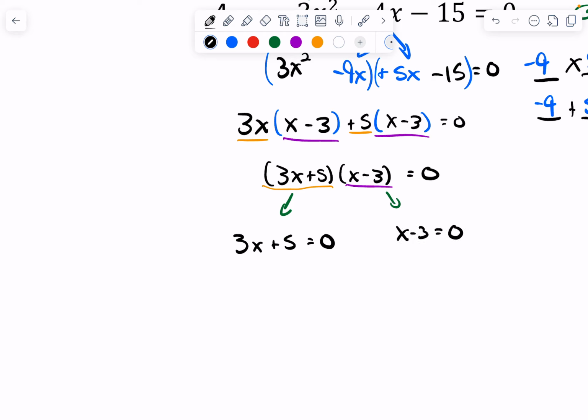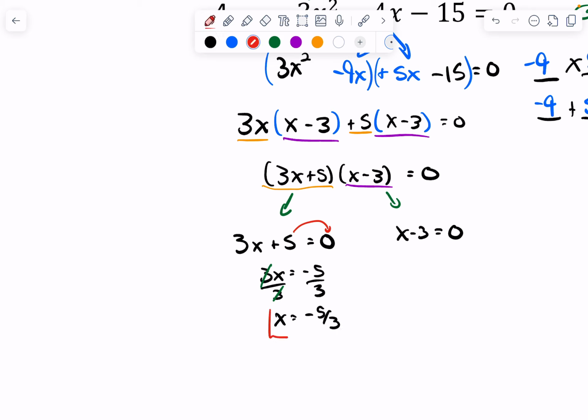So solving the first one that we created, bring the 5 over, right? You're following the rules of SAMDEB, reverse order of operations. So 3x equals 5, and then you divide both sides by 3. So the 3's on this side cancel, and you're left with x equals 5 over 3.